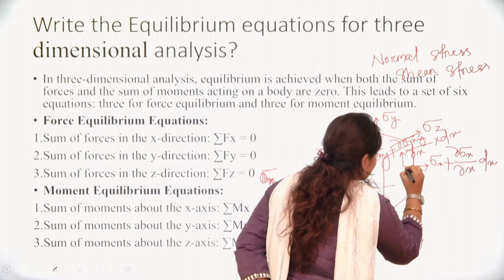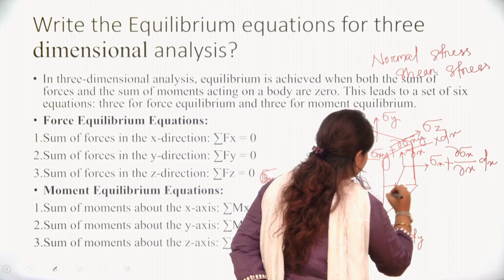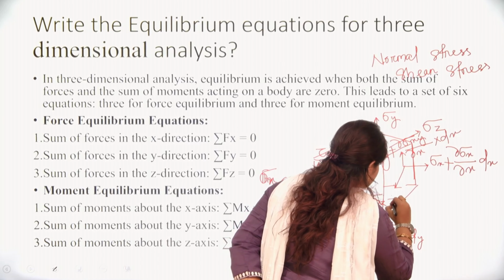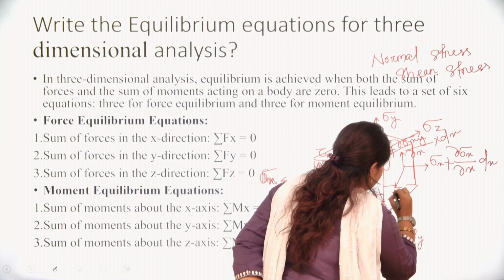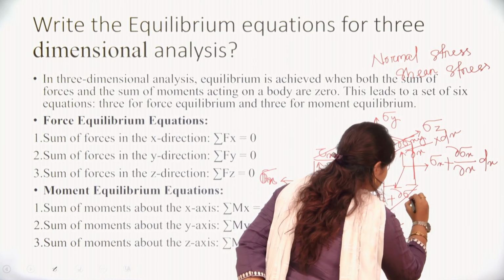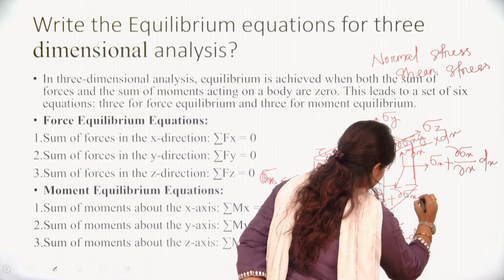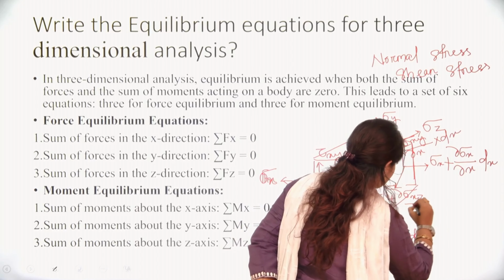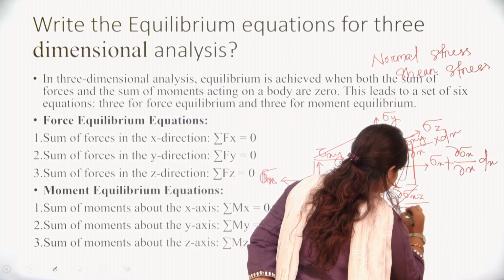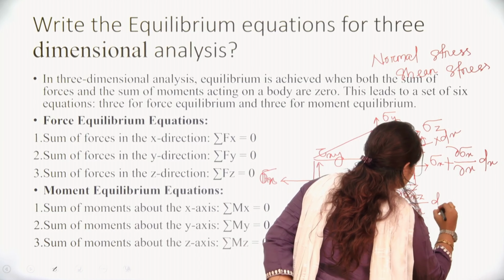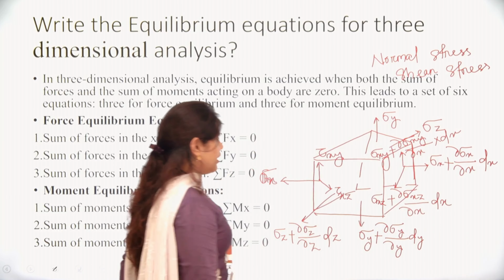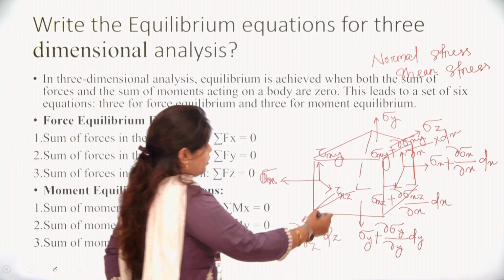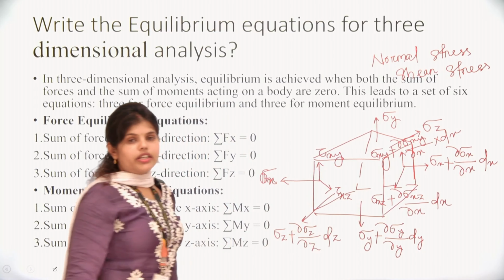Next, in the z direction we will have tau xz plus del tau xz divided by del x into dx. Similarly, we will have the forces in the y direction as well as in the z direction.